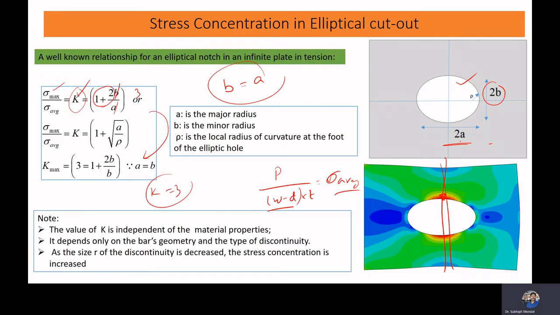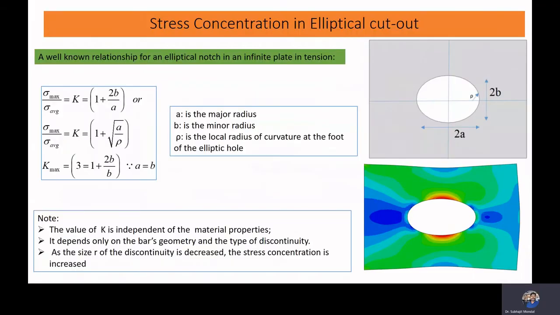Now, if we consider the stress concentration factor with an elliptical hole, that again can be simplified like this. The stress concentration factor for an elliptical cutout can be written in this form: 1 plus root under A by rho.